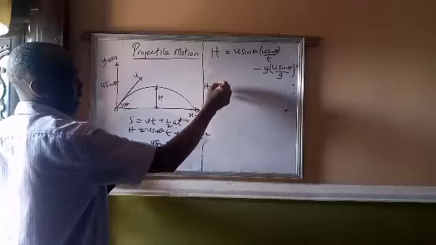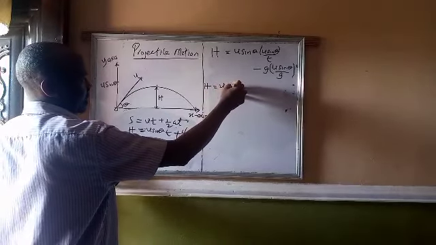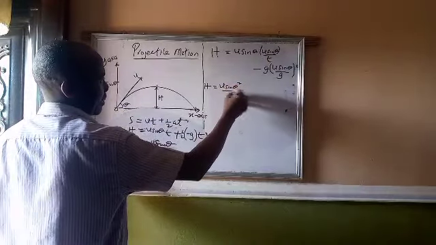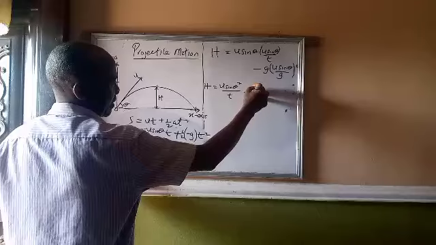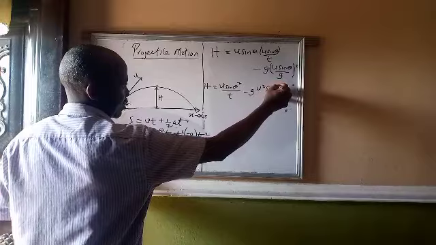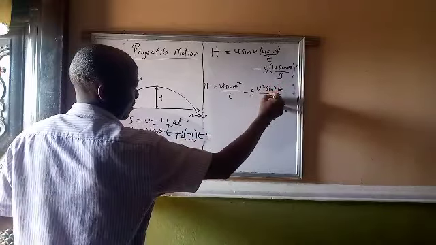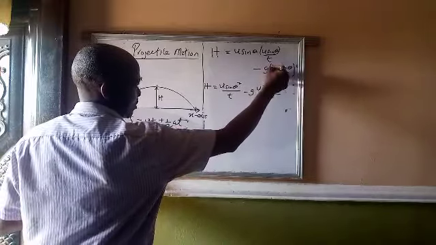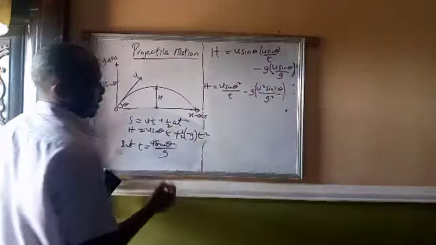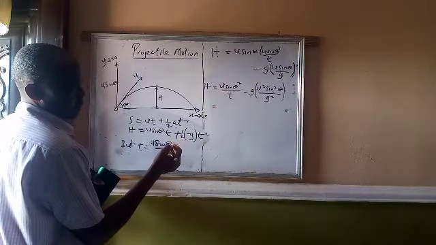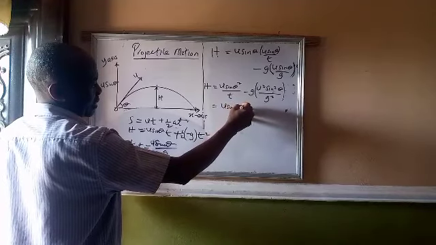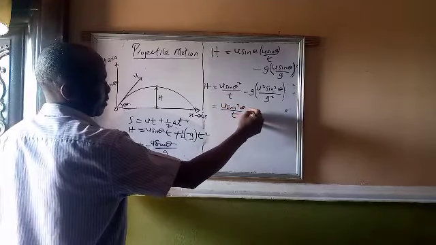So I'm left with u sine theta squared, this times this, divided by t minus g into u squared sine squared theta, divided by g squared, because since I open this bracket, everything in the bracket must be squared. Let's put a bracket here.